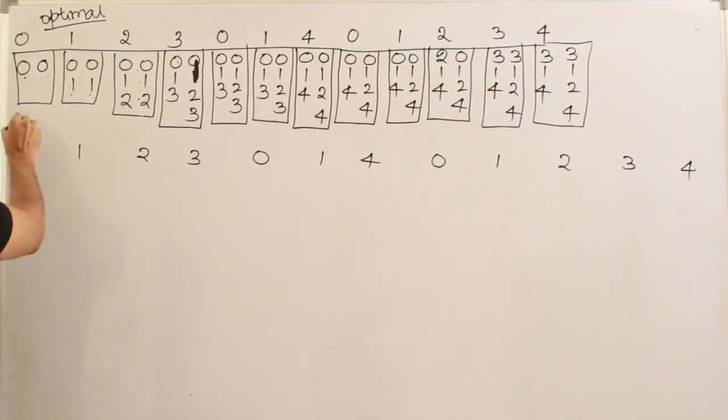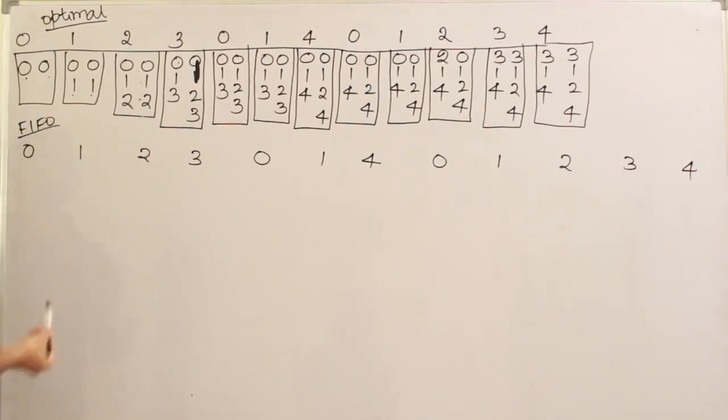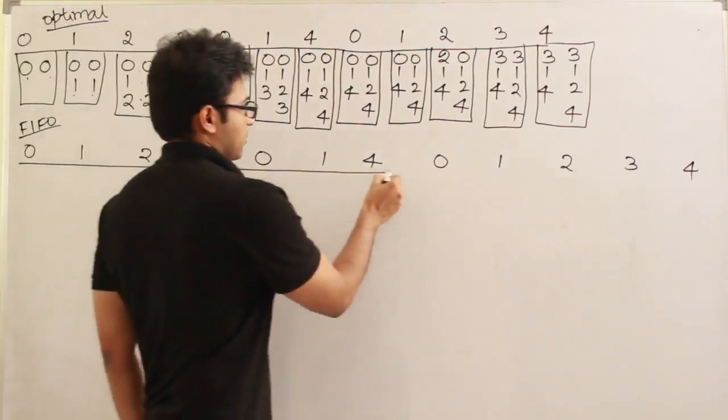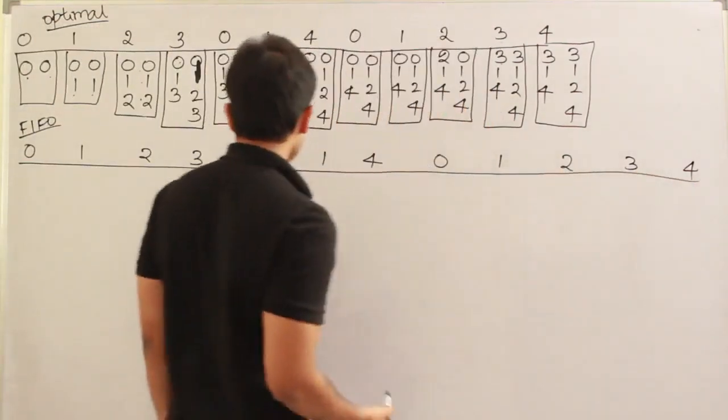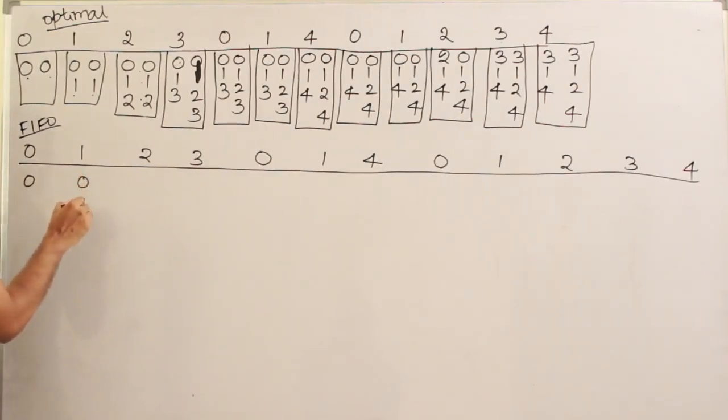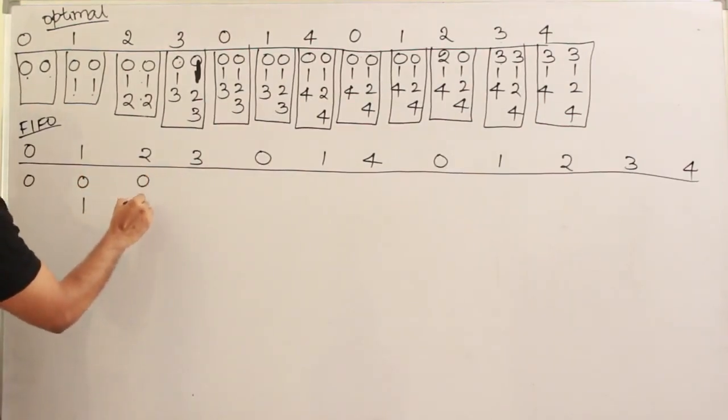I'm talking about this with 3 frames. Initially when 0 is referred, 0 will be brought into memory, then when 1 is referred, 0 1, and when 2 is referred, 0 1 2.